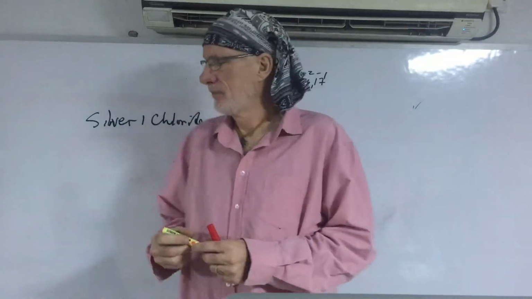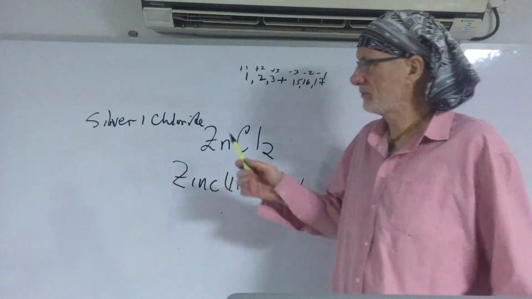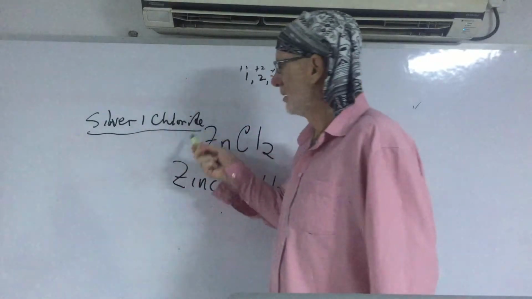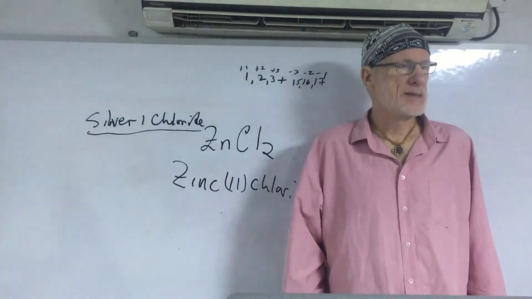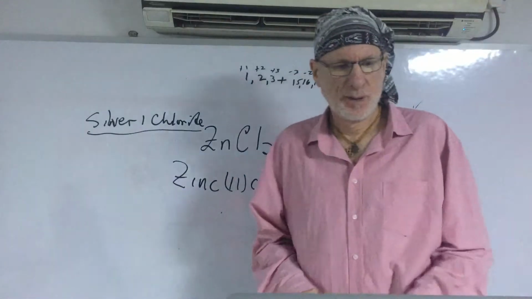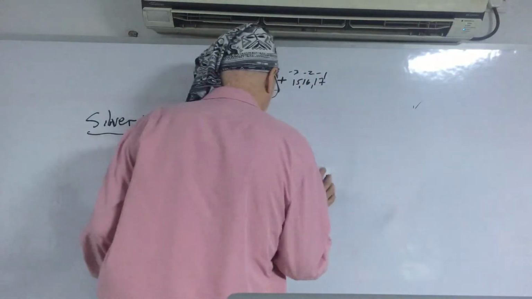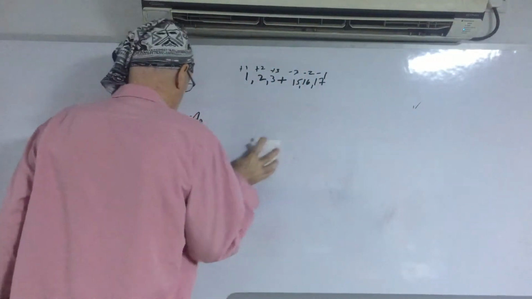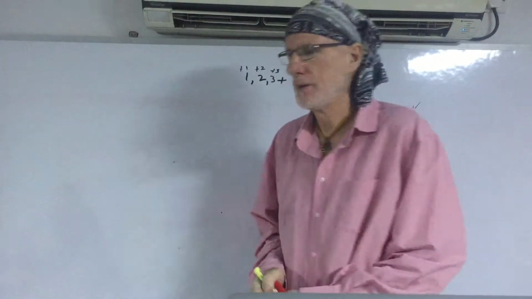It's rare, but I think, don't quote me, I should know that. But because silver is a transition element, we use Roman numerals. Same thing with zinc, yeah. Right, now. So, let me put some on the board.